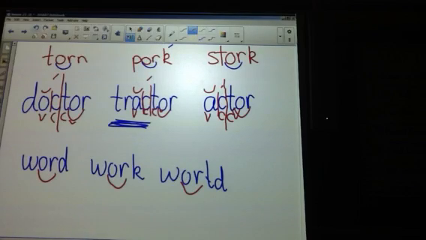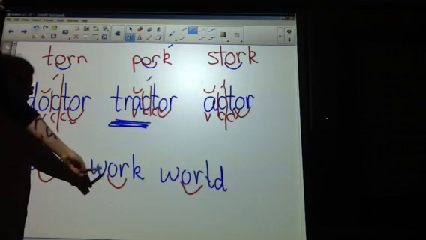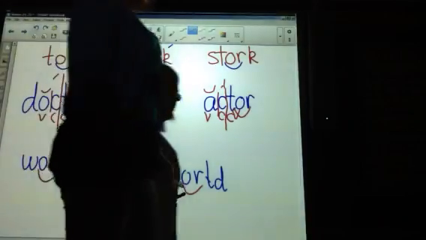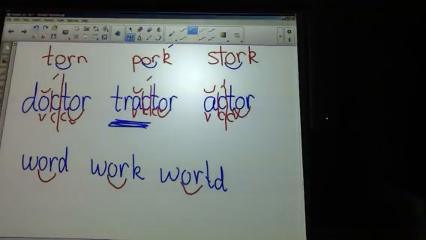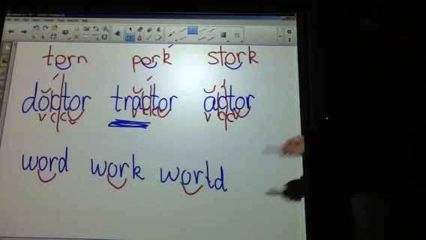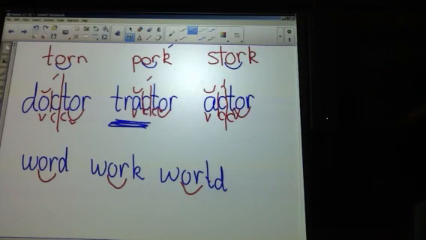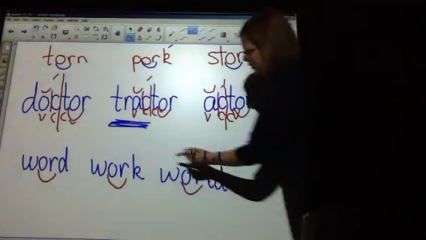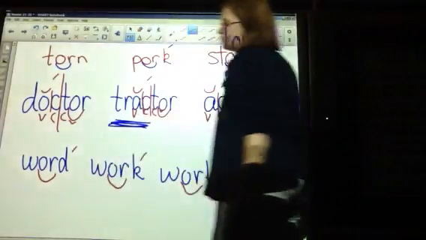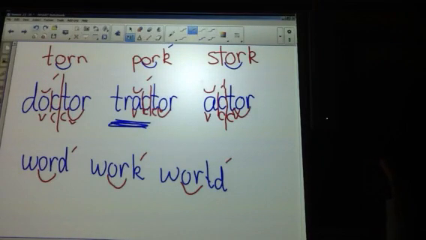And word. World. Okay. So remember that a bossy W, if there's a W right before it, sometimes that changes the sound of a vowel. So the W is going to make it say er, even though those words are accented. We just don't always write the accent on there.